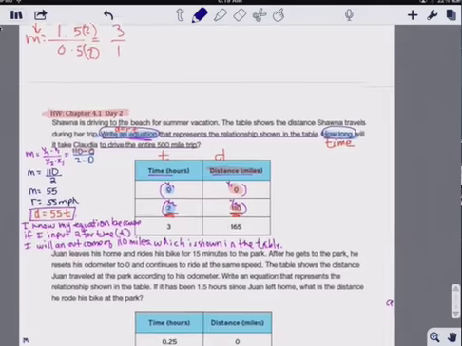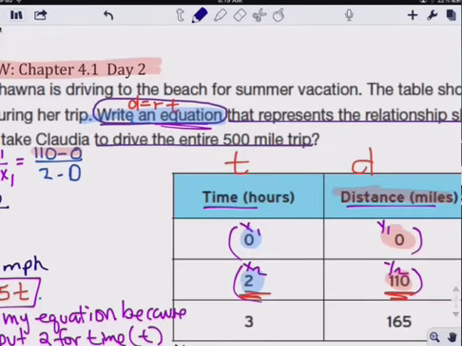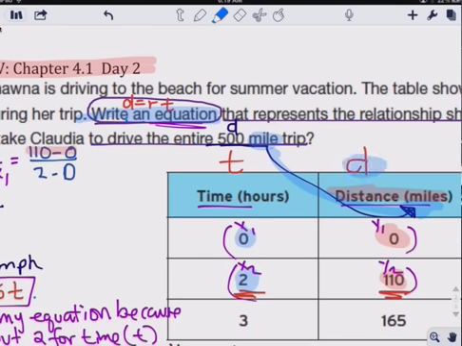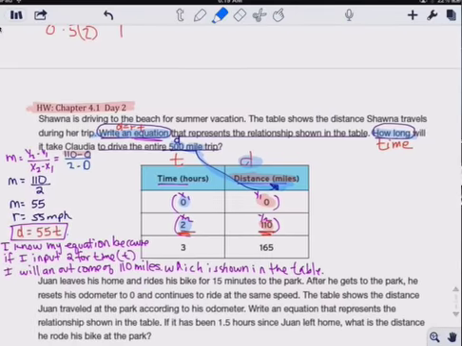Okay, so 500 miles is the total distance. Miles is distance. That's how you know. From right here it says miles. That relates to miles. So you know 500 is for D, for distance.